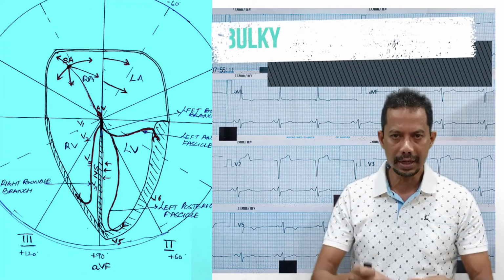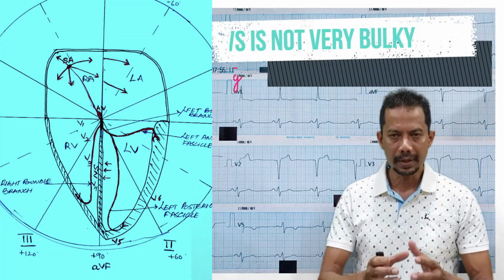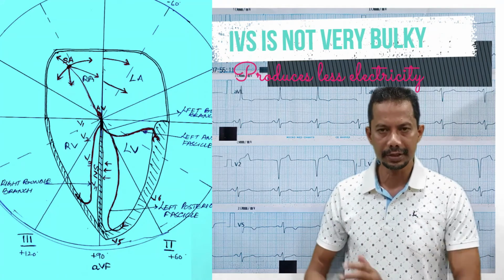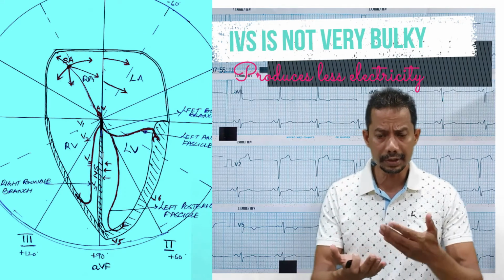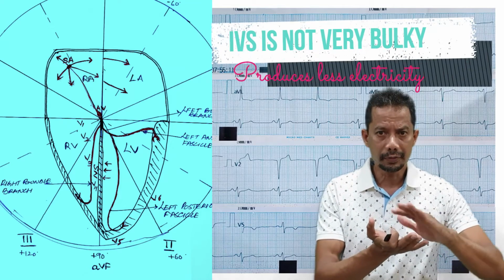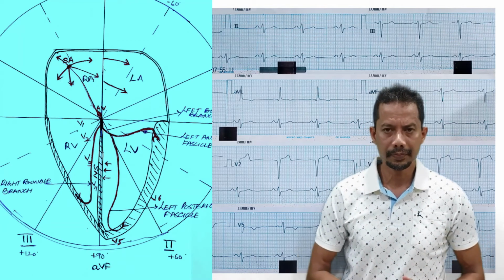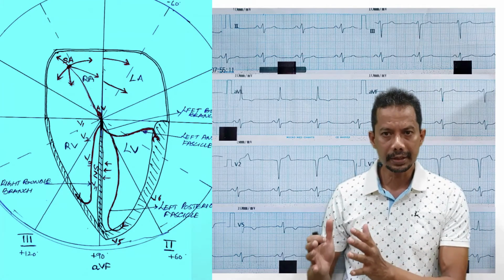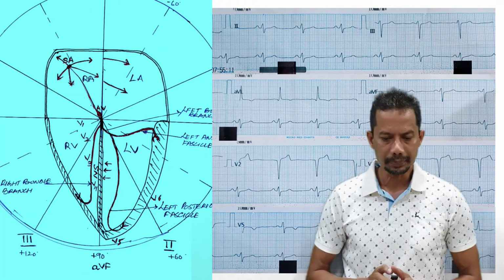It is like a wall between the right ventricle and the left ventricle. In other words, you can say the anterior wall of the left ventricle is formed by the IVS, and the left ventricle is bulky.